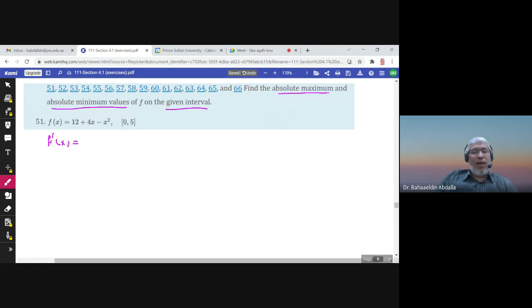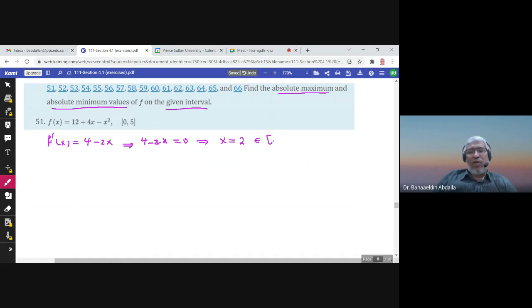So f prime of x will be 4 minus 2x. f prime always exists, no denominator. So we have only the values that make f prime zero. 2x would be 4, or x is 2.